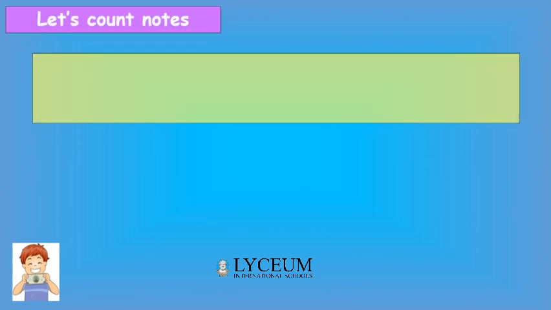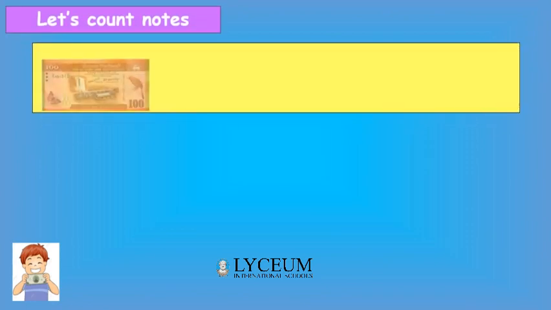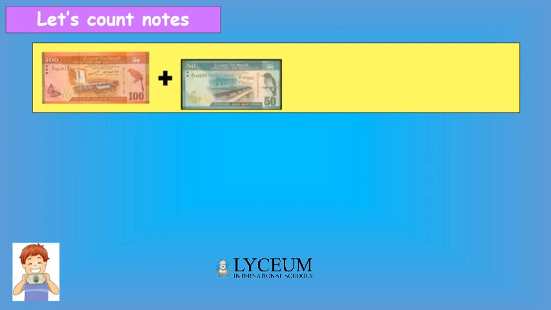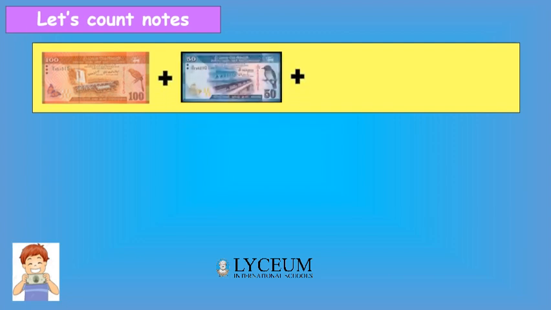The next example. 100 rupees plus 50 rupees plus 20 rupees. Let's see how to do this one. So 100 plus 50 makes 150, right? 150 plus another 20.